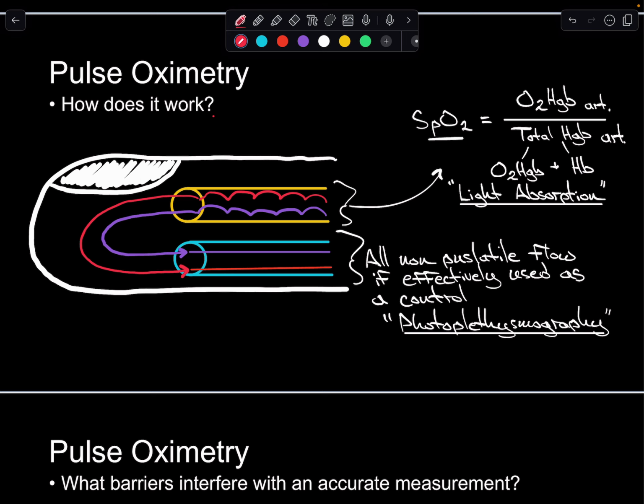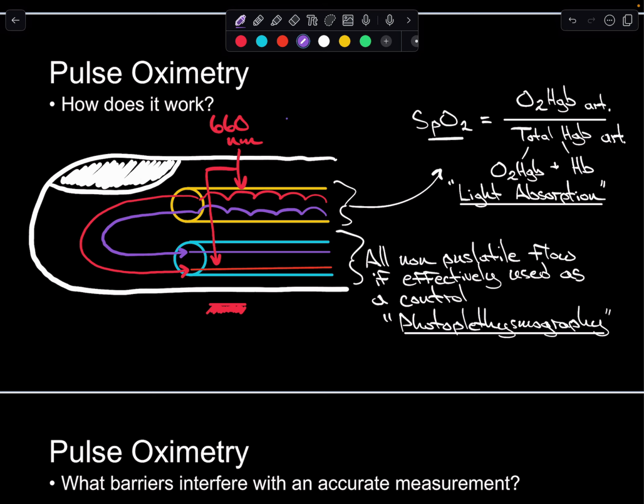a light emission source that sends out 660 nanometers of light, and then it fires that down through the finger that's within the clip, and then there's like a detection source down here at the bottom.